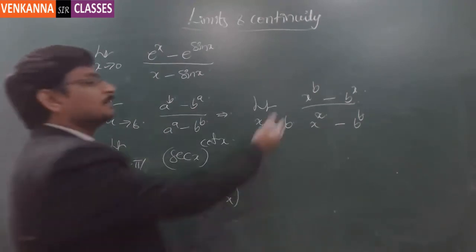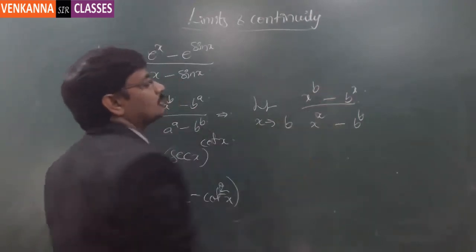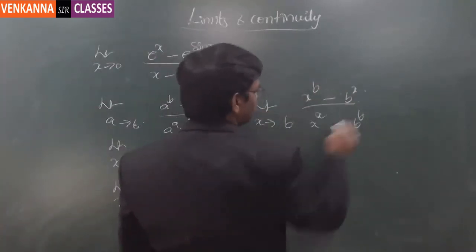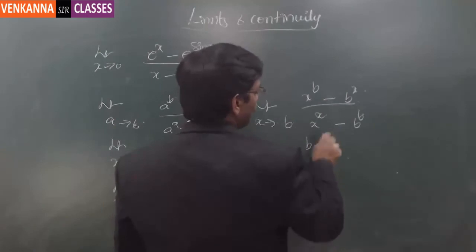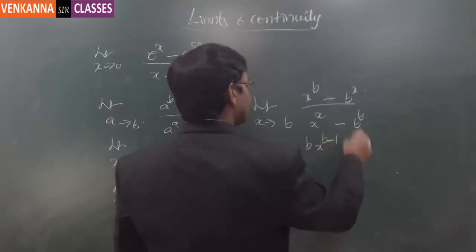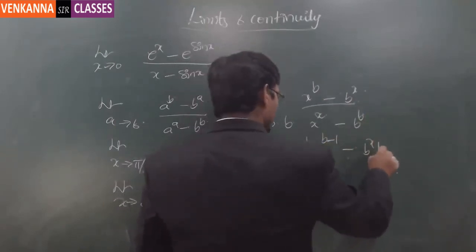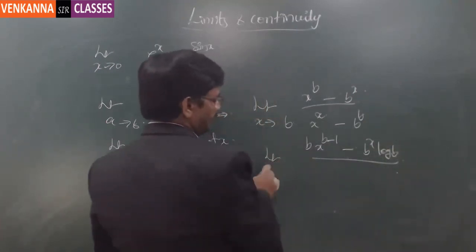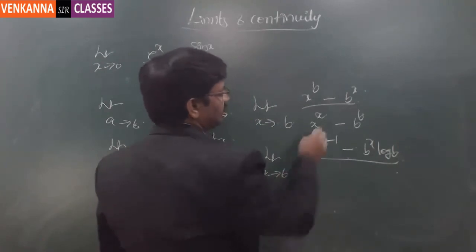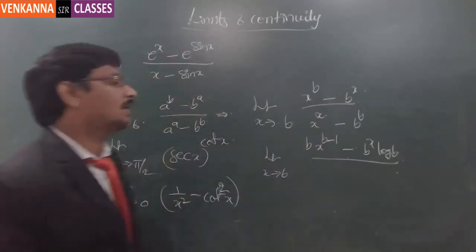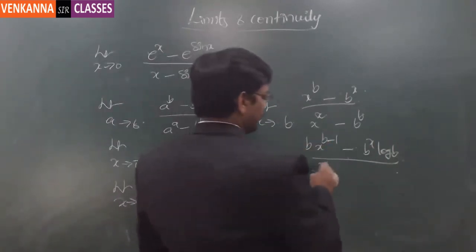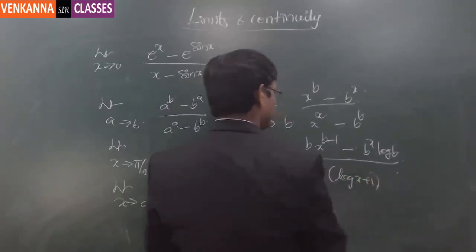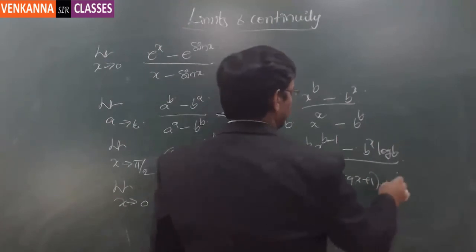So apply L'Hospital rule on this, right? Because this is 0 by 0 form. If you apply L'Hospital rule, this is b into x power b minus 1 minus b power x into log b, divided by, limit x tends to b, x power x, whose derivative will be x power x into log x plus 1, right? And the other term is anyway 0.